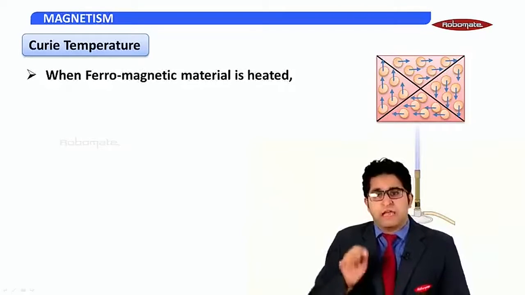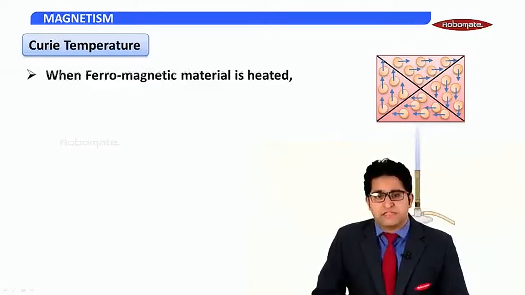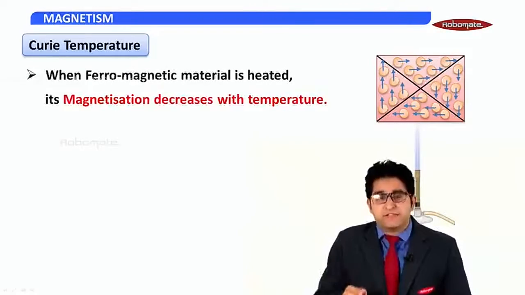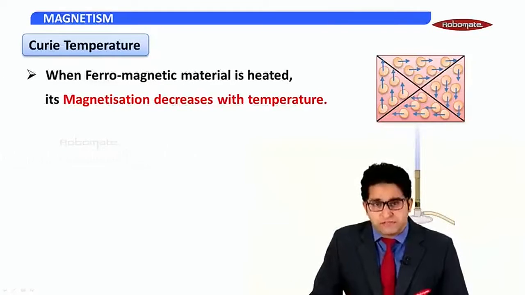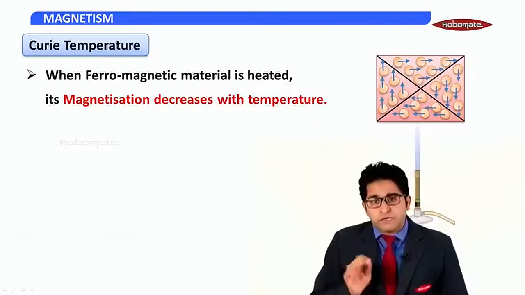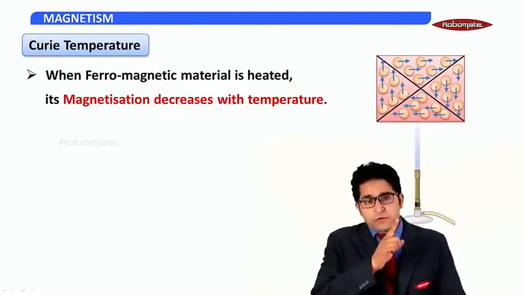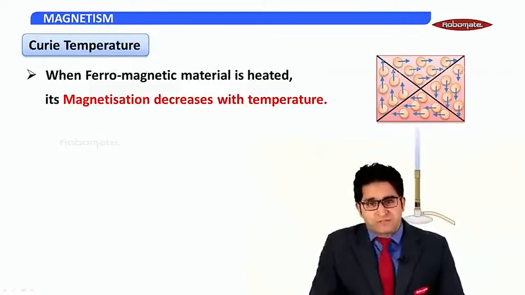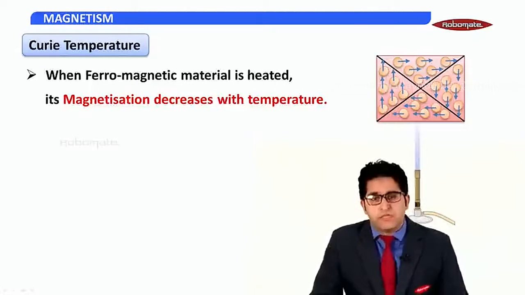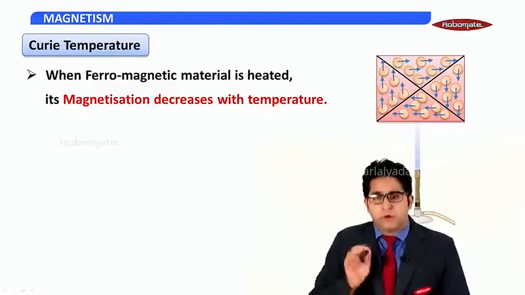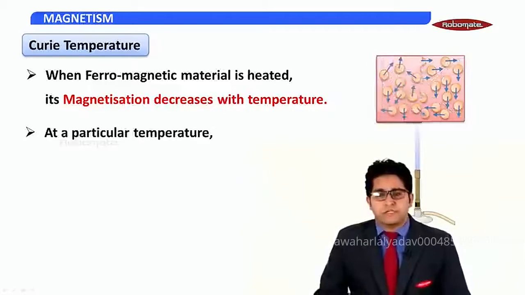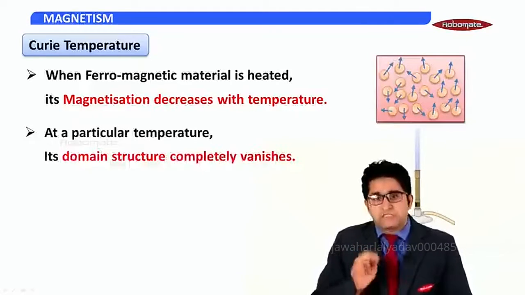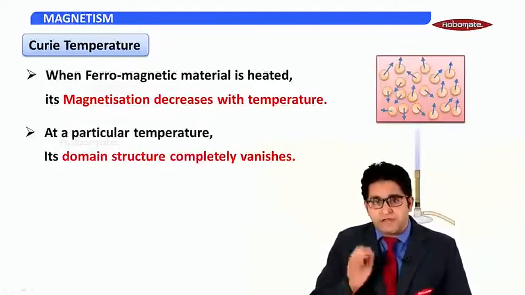Or I can say when a ferromagnetic material is heated, its magnetization decreases with temperature. Now students, at a particular temperature, the domain structure or the domain wall vanishes, and the domain structure collapses. Or I can say at a particular temperature, the domain structure gets completely vanished.